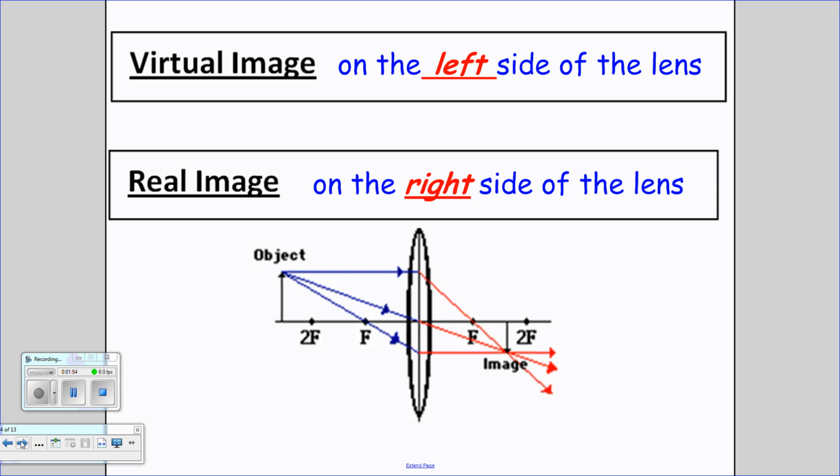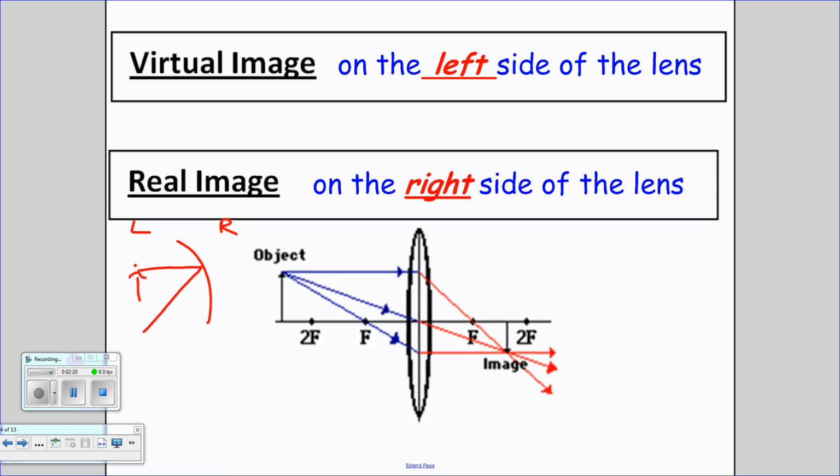All right, this is where we switch from mirrors to lenses and where our pictures and our minds need to separate. Virtual images for lenses are on the left side. Real is on the right. So let's think about real. For mirrors, real images were on the left side, right? Because what light really does is it hits it and it comes back.